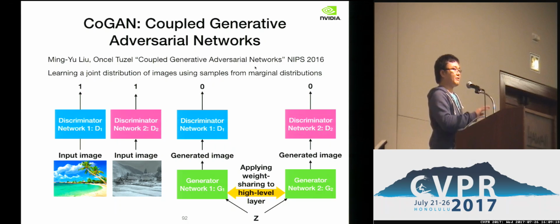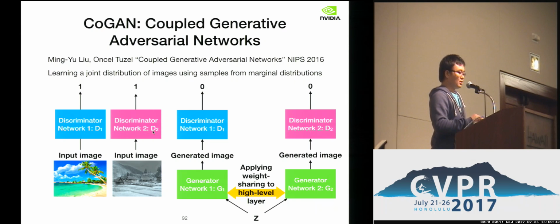So here we will have 4 networks. We have a discriminator for domain 1, a discriminator for domain 2, a generator for domain 1 and a generator for domain 2. The discriminator in domain 1 tries to differentiate true summertime images versus synthesized summertime images.